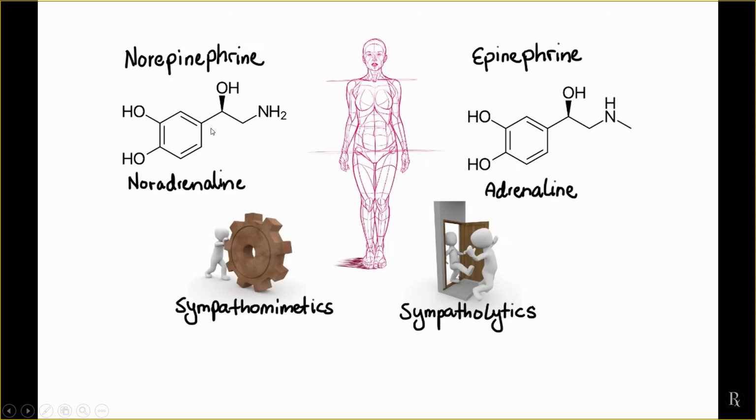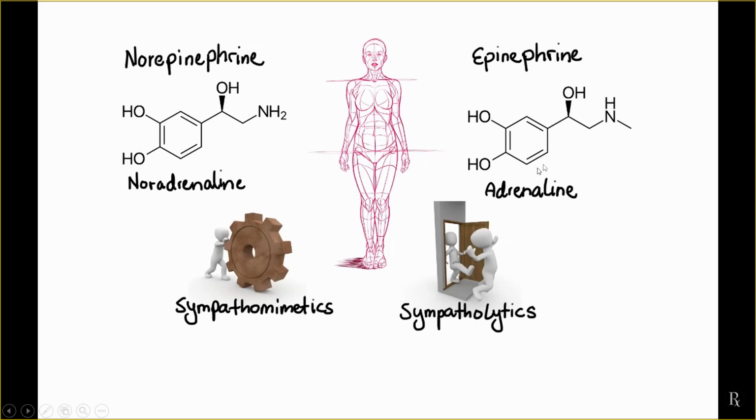noradrenaline. And if you look at the formula, the primary part is the catechol that has an aromatic ring with two hydroxy groups, and same here. Then the ethylene bridge connects this catechol with the amino group, the primary amino group in noradrenaline and the secondary amino group in adrenaline.